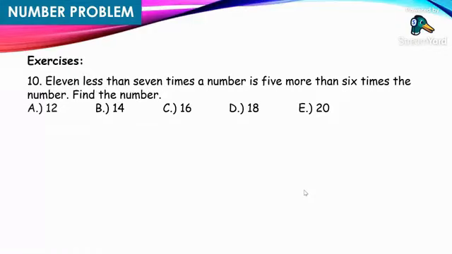So A is 12, B is 14, C is 16, D is 18, E is 20. Okay, Sir Michael answered C, 16.